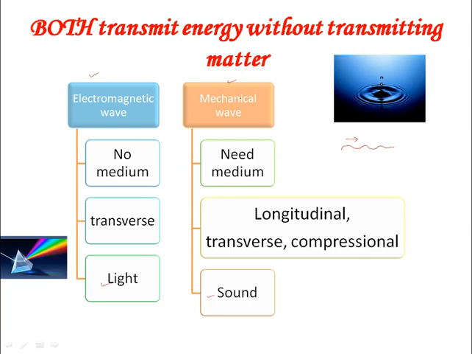So what is a mechanical wave? Assume that a stone falls on water. What happens is there will be a production of waves. Transmission of energy occurs from this point in a wavy motion, right?